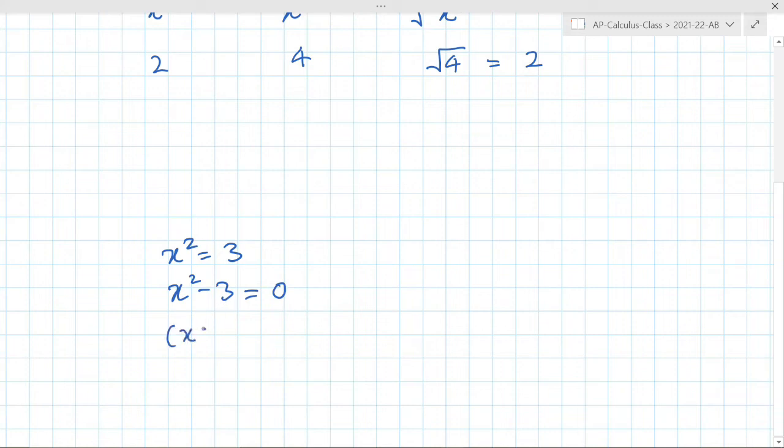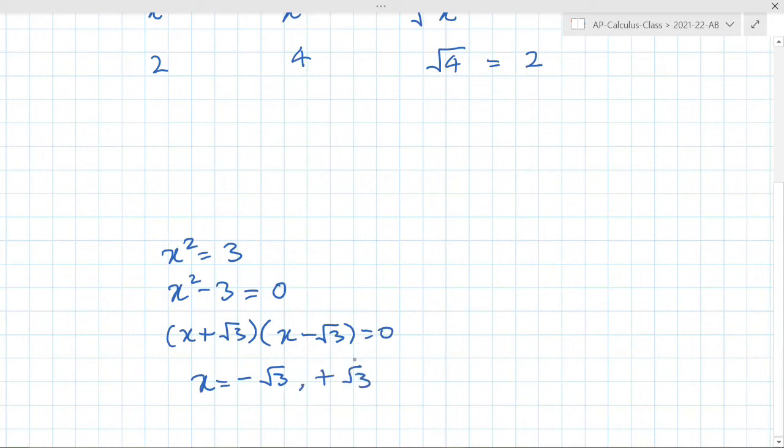So x plus times x minus, right? So since the product is 0, one of these has to be 0. So if x plus square root of 3 is 0, then x is negative root 3, right? And if this is 0, then x is positive root 3. So there are two solutions. There's a plus root 3 and there's a negative root 3.